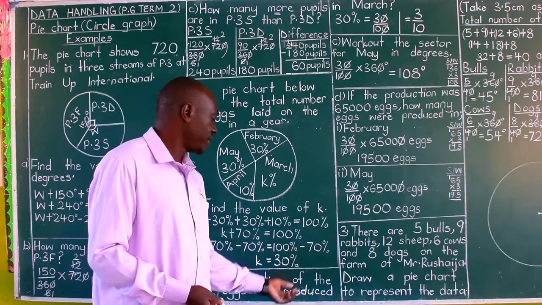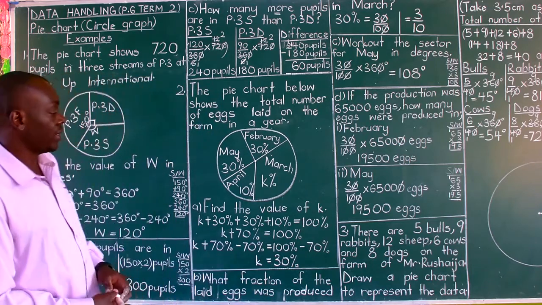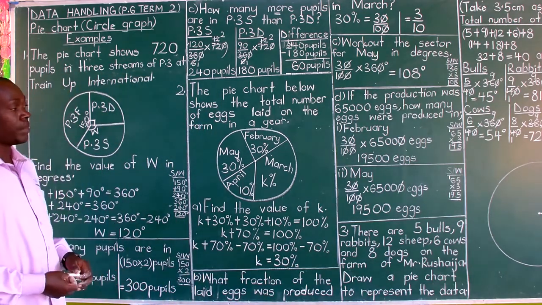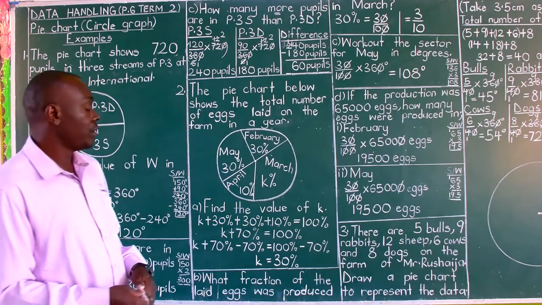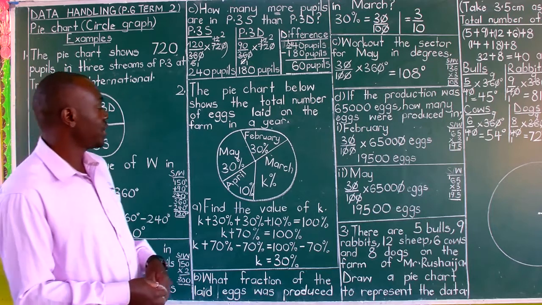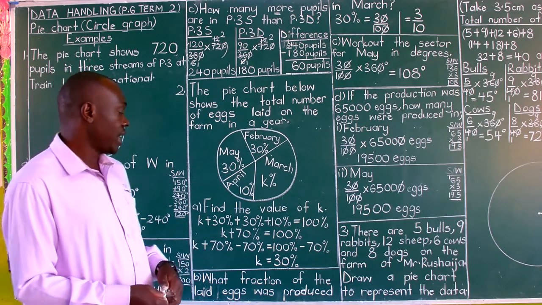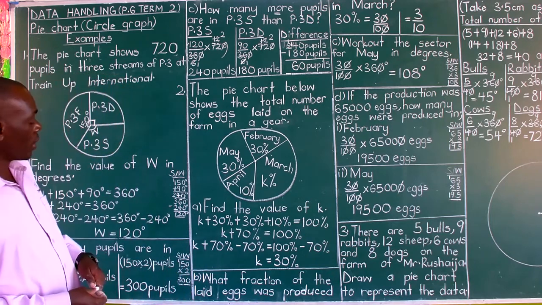Where 100 minus 70, you get 30. So the value of K is 30%. So note, when given percentage form, the unknowns are got when you add all the sectors to 100%. And when in degrees, please add the given sectors to 360 degrees, like number 1 was.